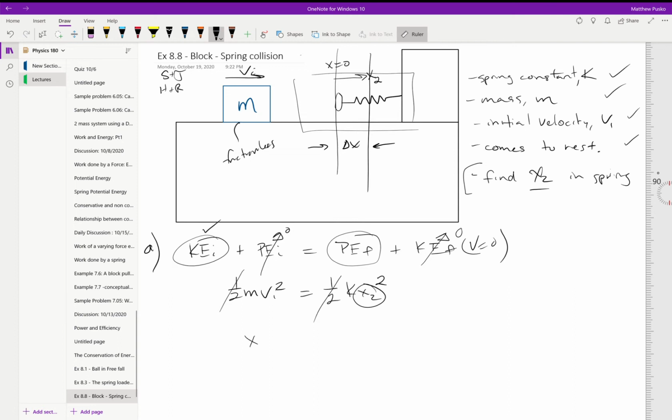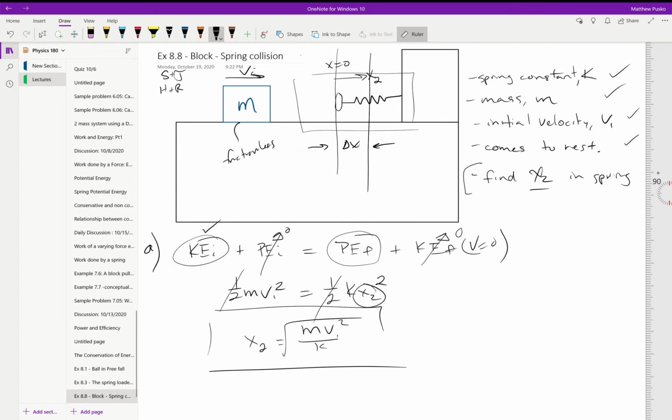We have x2 squared would be equal to m v1 squared over k, and we take the square root. Right? Check my math real quick. Yep. So that's how far. With that much energy, it would displace to the right a distance of that.